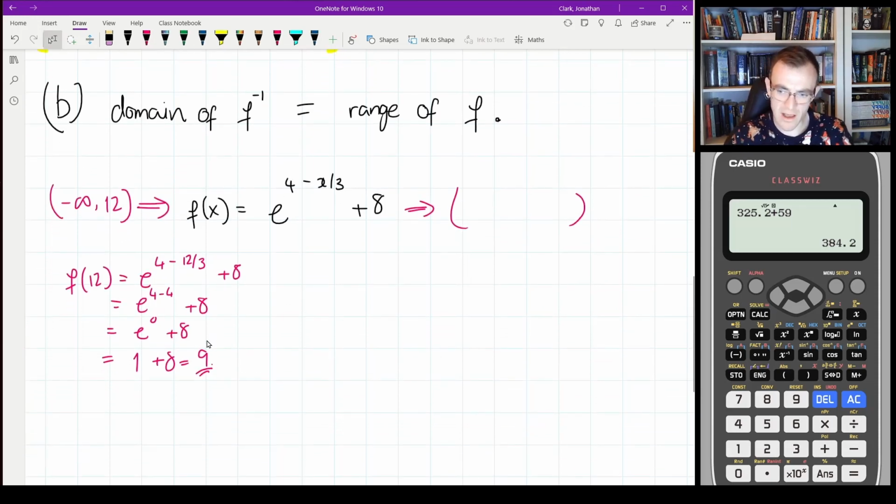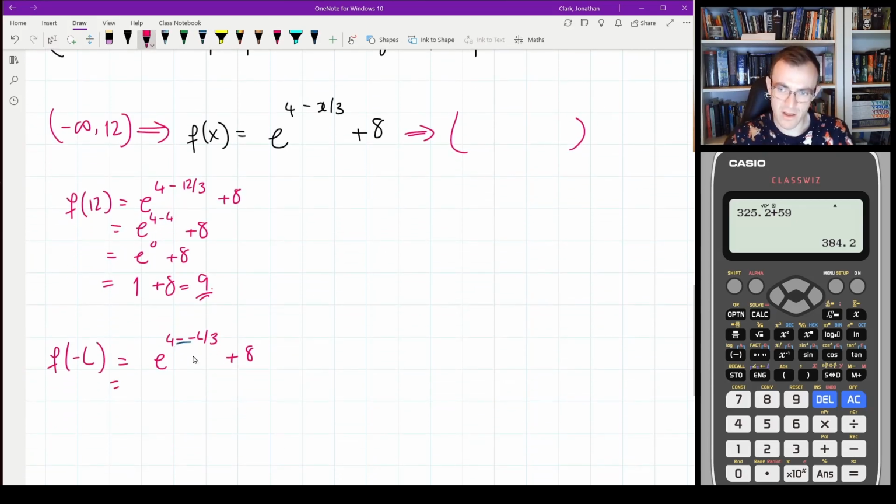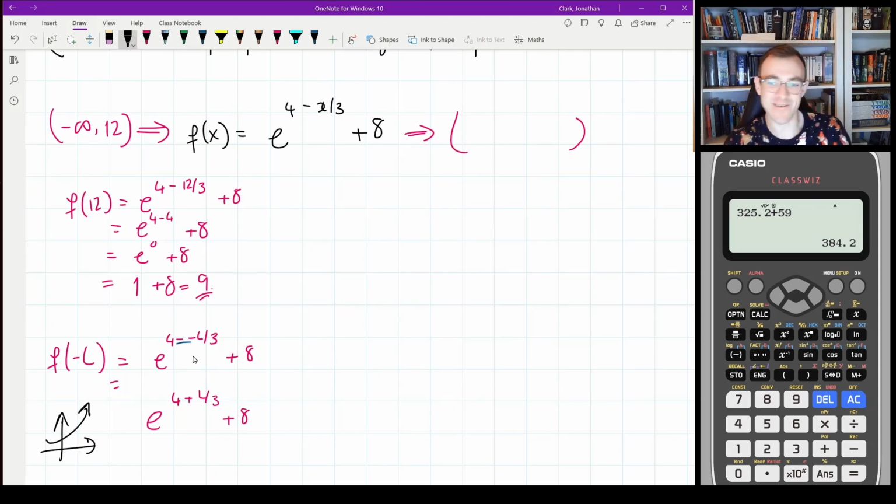If I plug in a large negative number, let's see what's going to happen. We've got a double negative here. It's going to work out as a positive. And what I know about the exponential function is it just goes off on one. It accelerates and diverges rapidly.